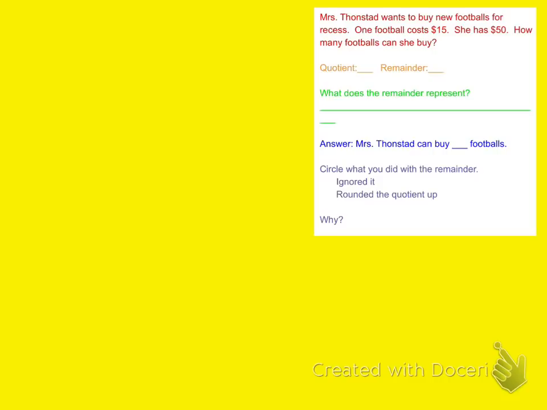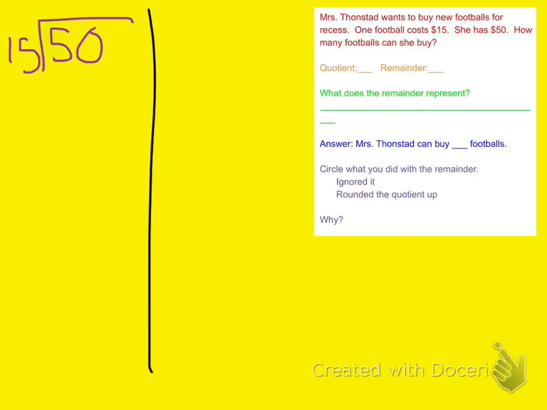So what we're doing on this one again is dividing. We're taking 50 divided by 15. Okay. I know that 15 can go into 50 at least twice. 2 times 15 then is 30. And I subtract that. I'm left with 20.